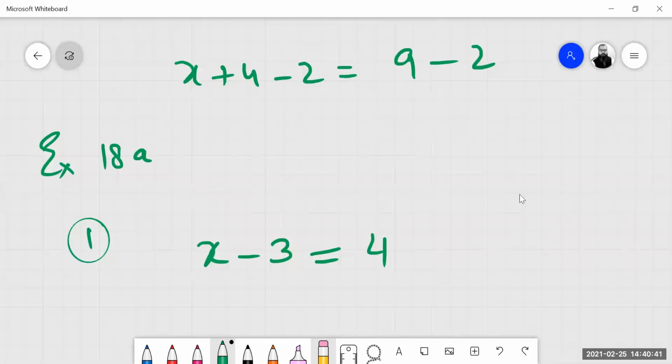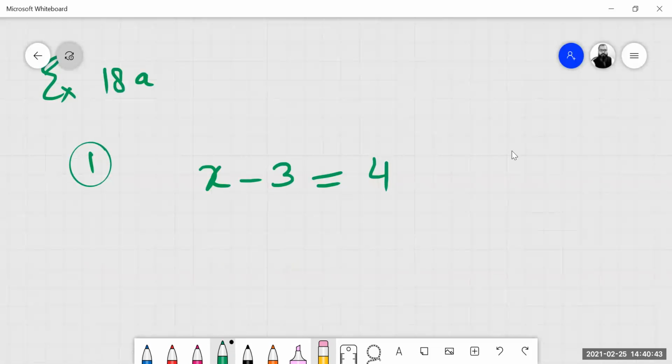The answer is 7. But first, what should we write?